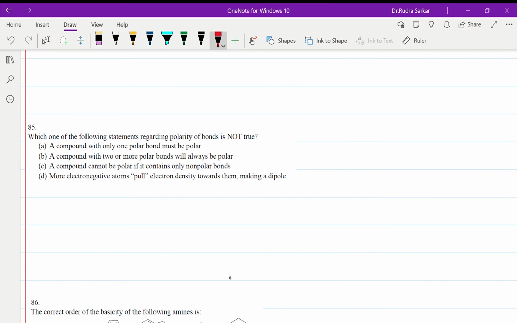Obviously, this is true. For that, we can take an example, say HF, or let's take this one, something like this. So this is a polar bond out here.